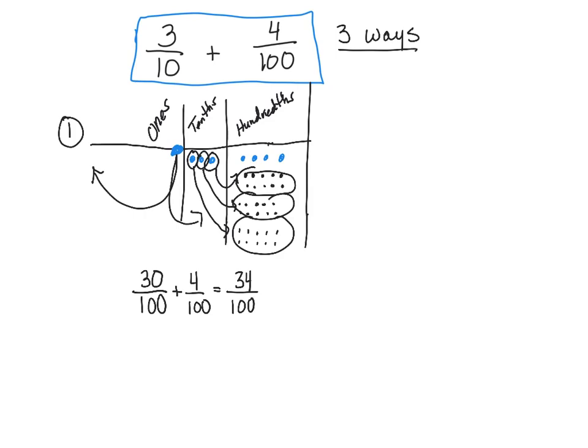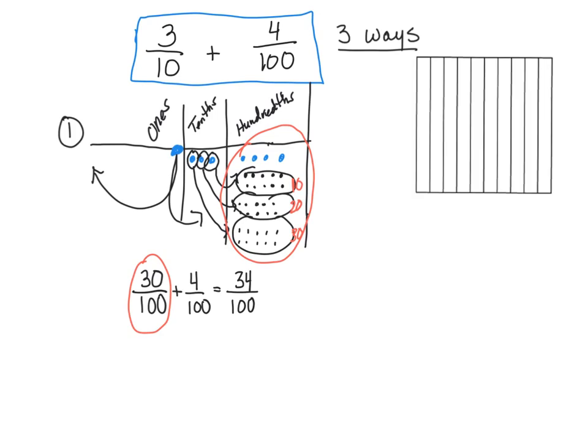And that's what you all see right in this column, 34 hundredths. So over here, remember we had 30 because this becomes 10, 20, and 30, and we're in the hundredths column, so that's how we got 30 hundredths.